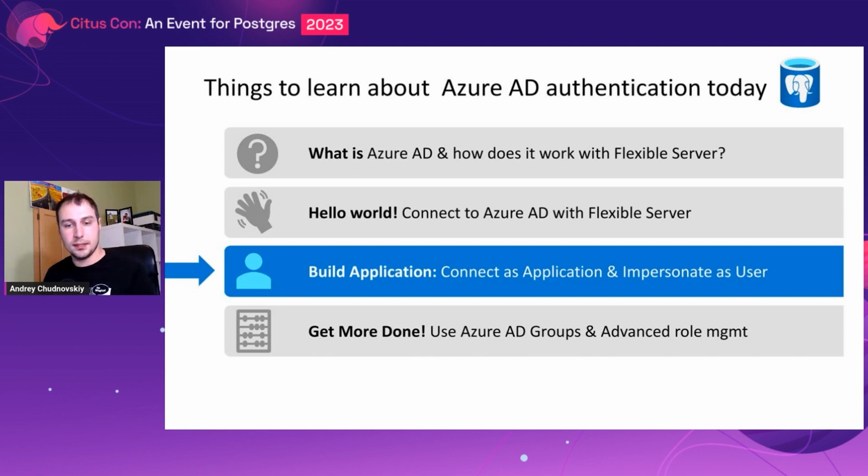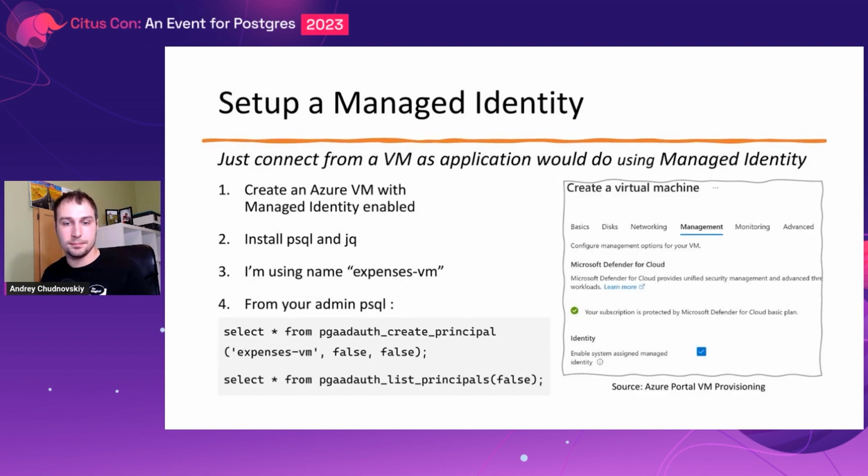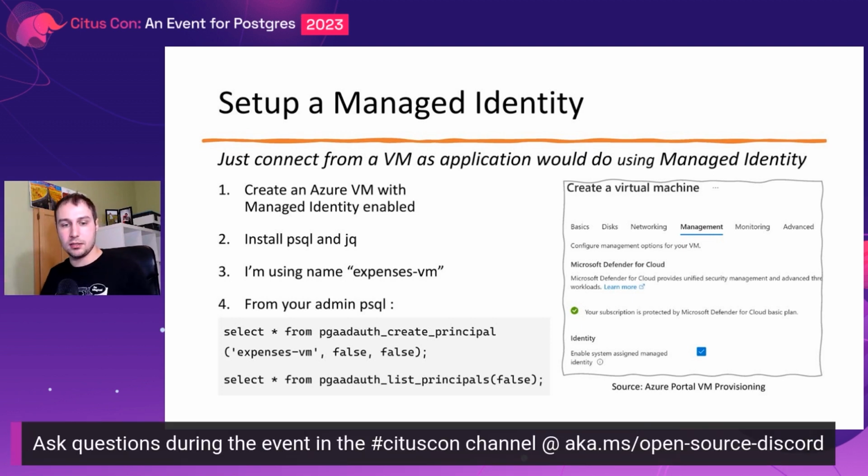Now, as we connected as a user, we can look at how your applications and backends would connect to PostgreSQL. Let's start with a simple example of connecting as a backend using the application credentials. The easiest way to do that is to use a managed identity, which manages application credentials on your behalf.